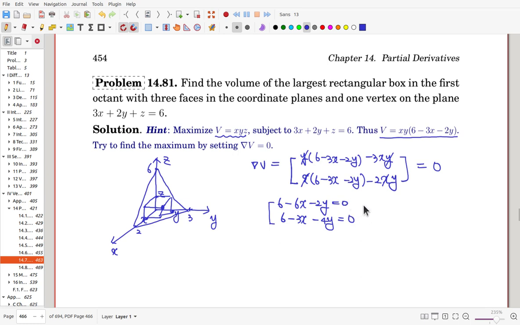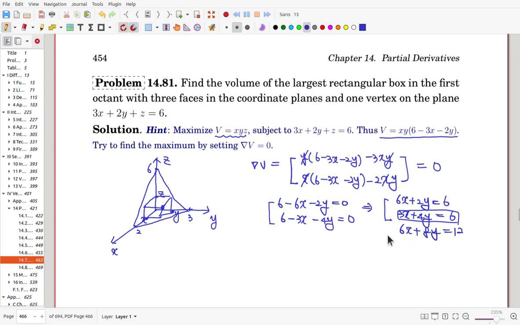So, let's rewrite this. We move these terms to the right side, then that is 6x plus 2y equals 6, and 3x plus 4y equals 6. We multiply the second equation by 2, so we consider 6x plus 8y equals 12 rather than that one.